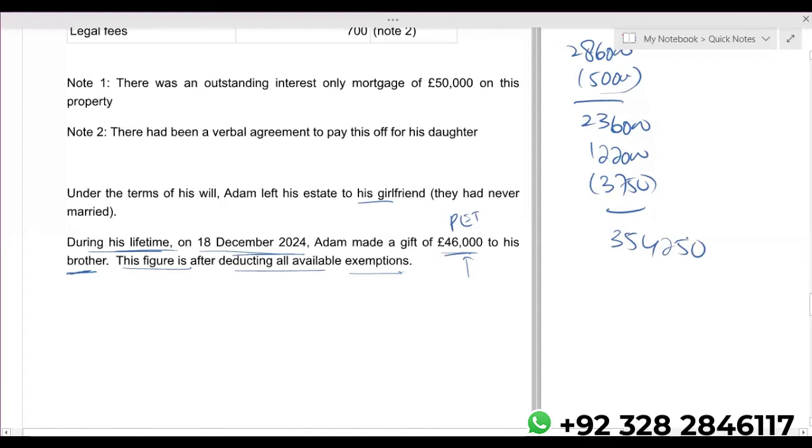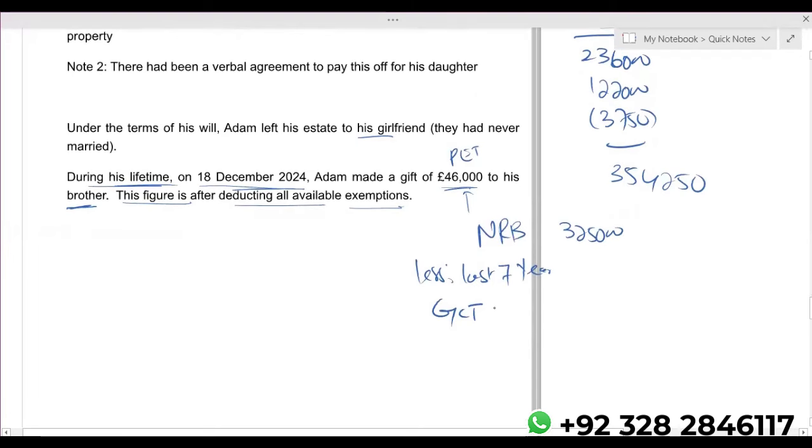But directly on 3,54,250, you will not apply IHT. I'll see the nil band, 3,25,000 less the last 7 years gross chargeable transfer. When we are calculating IHT on death estate, then we write prior to death.